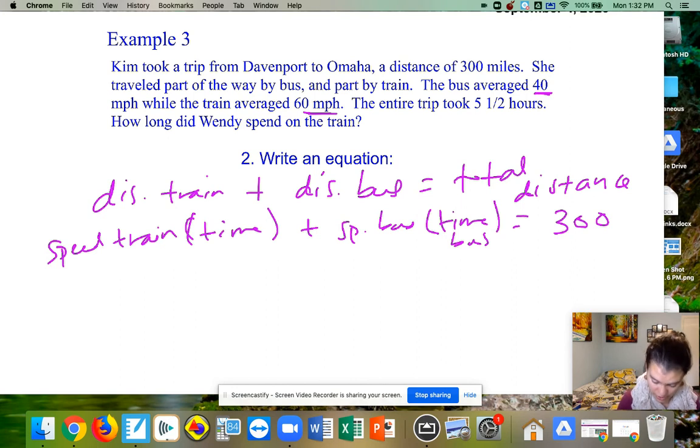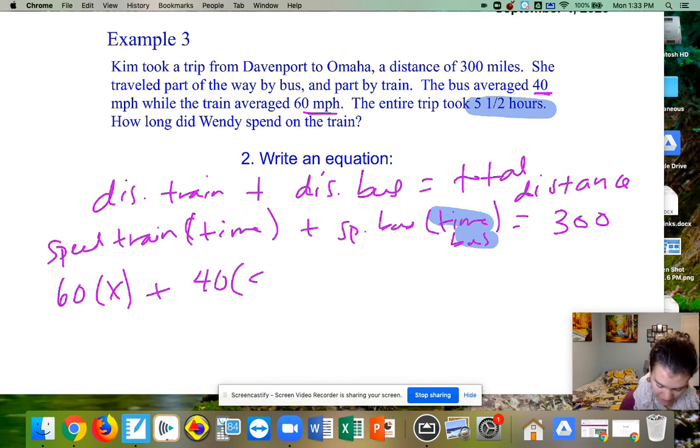So the speed of the train we know was 60 miles per hour. We said x was the time on the train. Speed of the bus was 40 miles per hour, but we don't have a time on the bus variable, so we're going to need to use this 5.5 hours here. So if you take 5.5 hours minus the time on the train, you get the time left on the bus equals 300. And now we just need to solve.